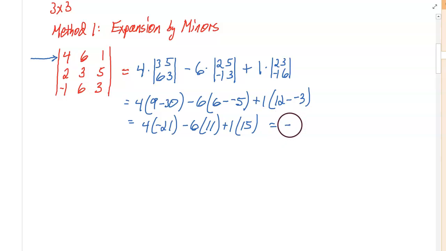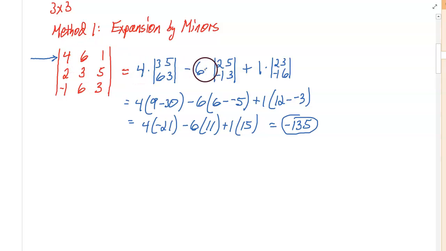The result is -135. The determinant of this 3 by 3 matrix is the number -135. I found that determinant by expanding by minors using the first row as my focus. The number 4 is written here.